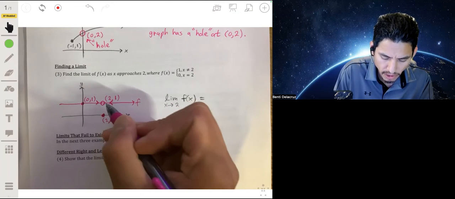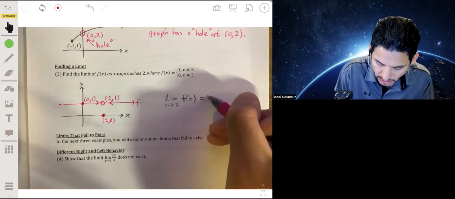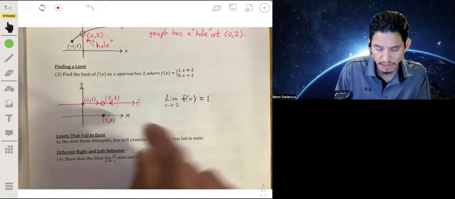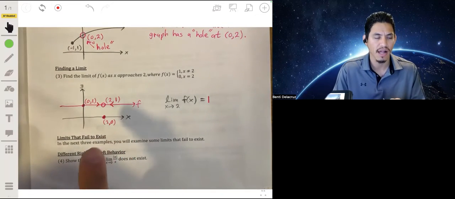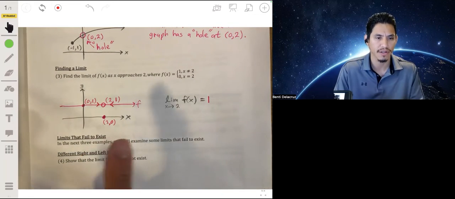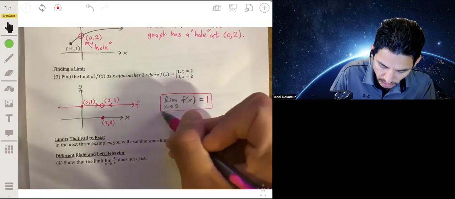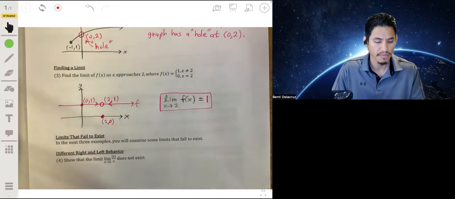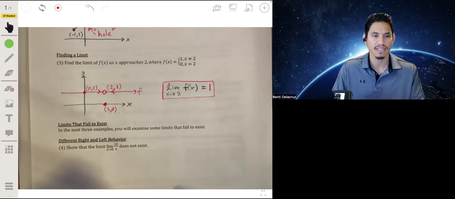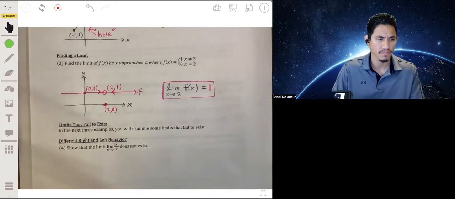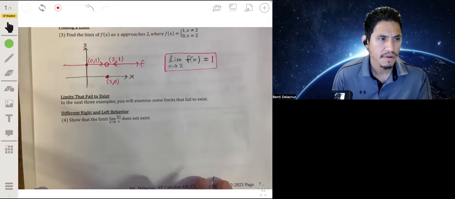Even though the function's value is not equal to 1 when x is 2, the limit is still going to be equal to 1 because it's approaching that point. So we say the limit of f of x as x approaches 2 is equal to 1.